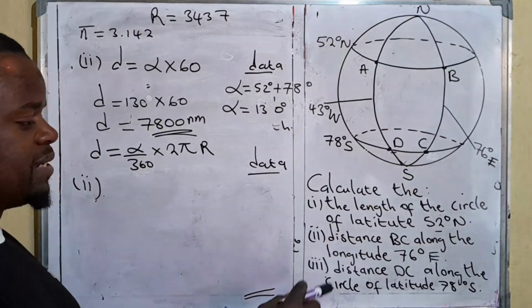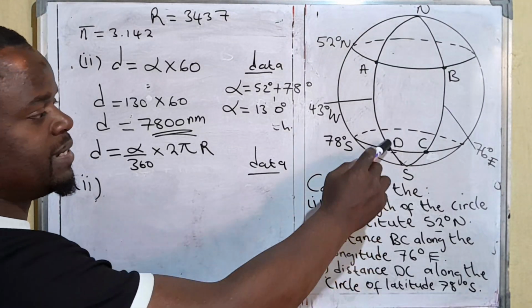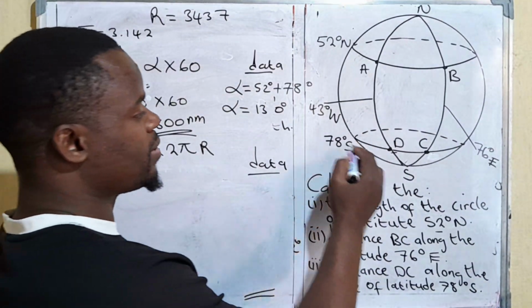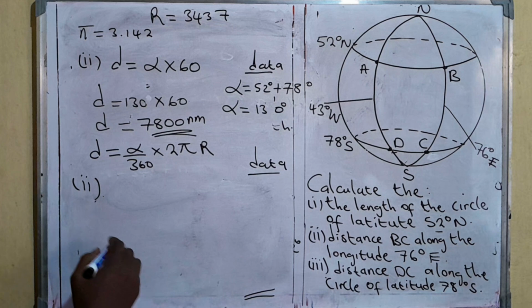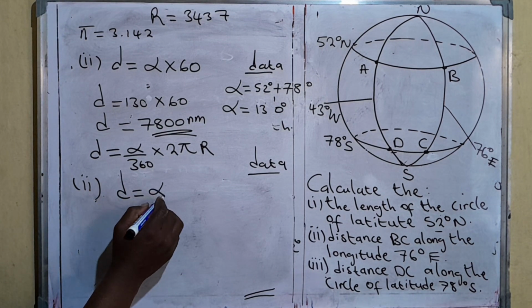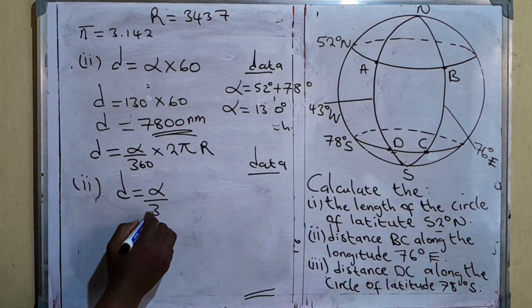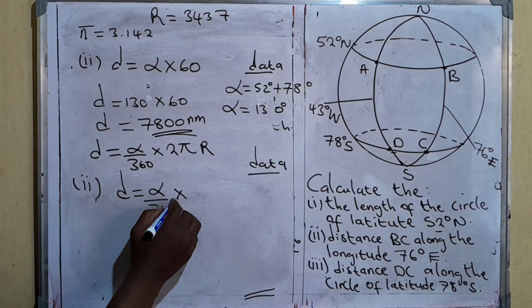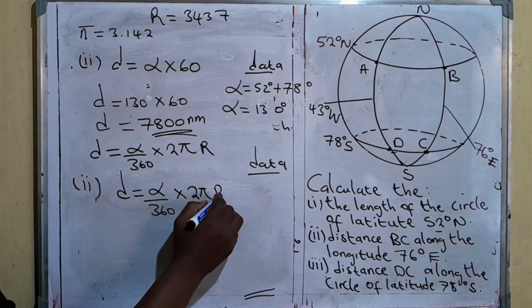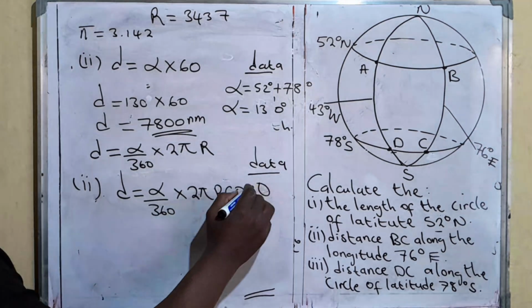They're saying calculate distance DC. Since we are calculating distance along the latitude, we'll make use of this formula: distance is given by difference in longitudes over 360 times 2 pi r cos theta.